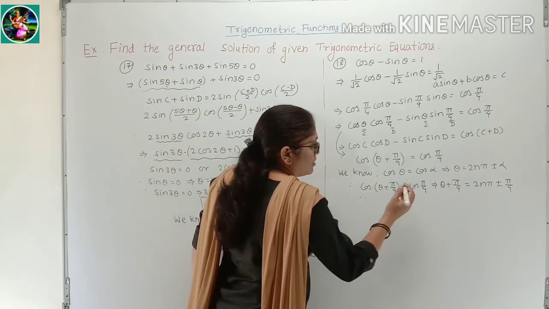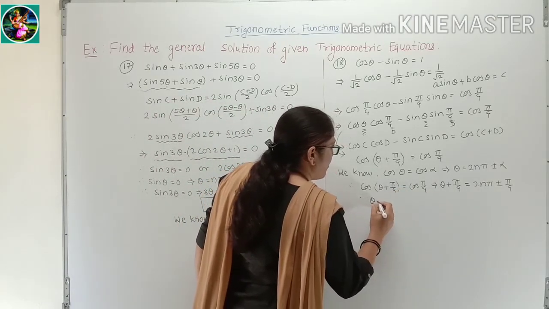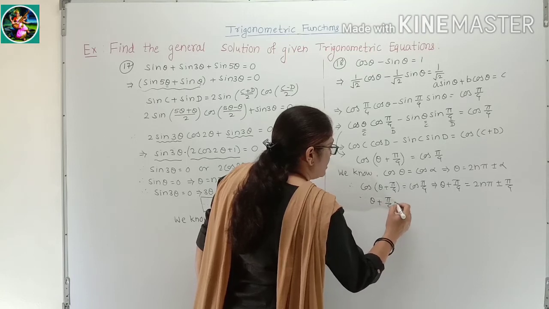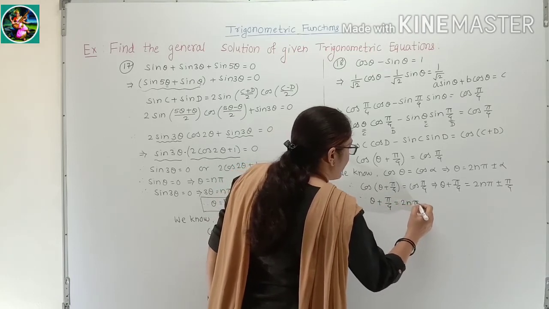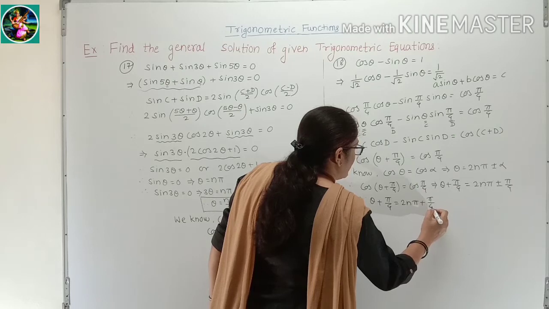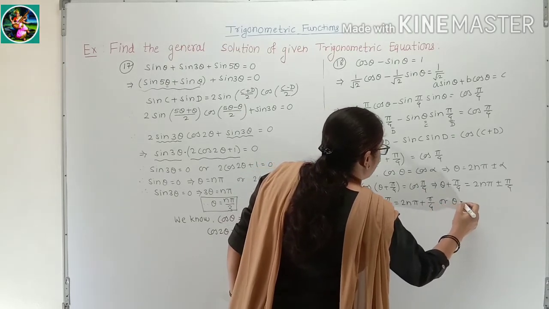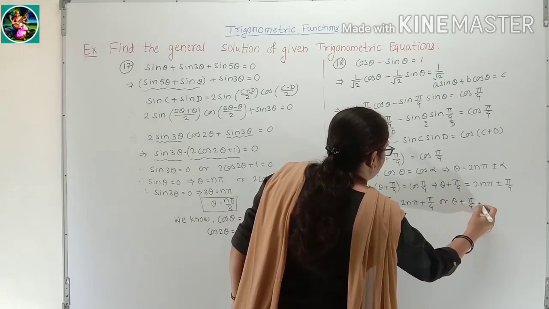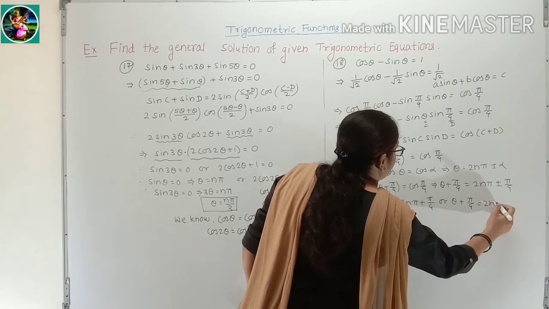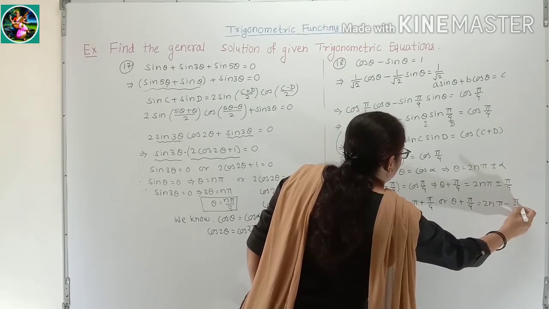Therefore, theta plus pi by 4 is equal to 2n pi plus pi by 4, or theta plus pi by 4 is equal to 2n pi minus pi by 4.